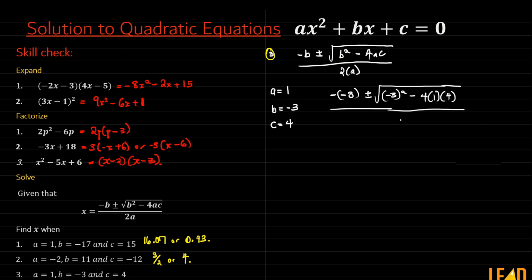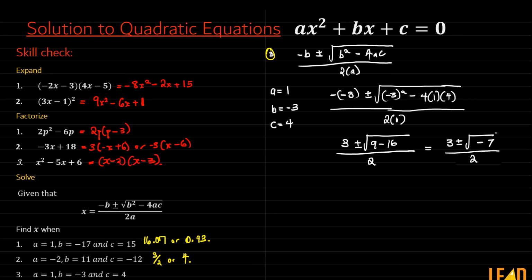Good, over 2 times 1. So I would have 3 plus or minus the square root of 9 minus 16, good, over 2, which gives me 3 plus or minus the square root of negative 7, apologies, negative 7 over 2, right?